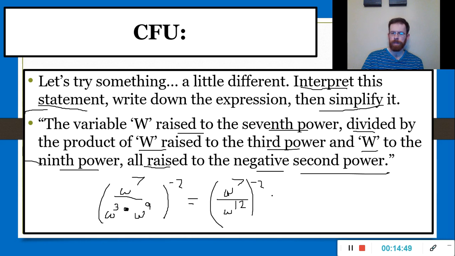That's all raised to the negative 2. And then I have w to the 7 minus 12, w to the negative fifth. And ladies and gentlemen, this is a bad parentheses. What's a negative 5 times a negative 2? It's w to the 10th.